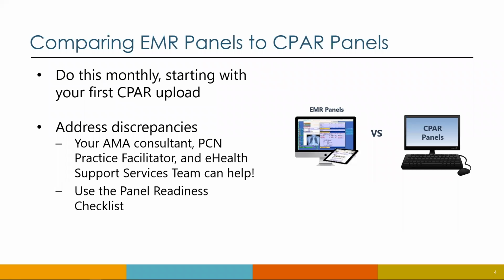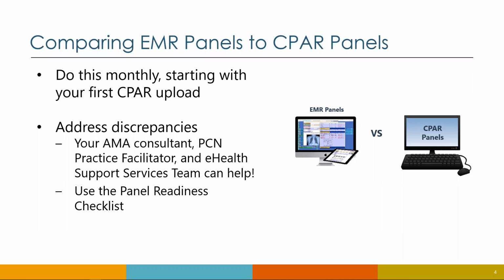Remember that your AMA consultant, PCN practice facilitator, and eHealth support services team can help. It is also important to continue comparing the CPAR panel numbers to your EMR panel numbers with each new monthly upload and address any discrepancies as needed.